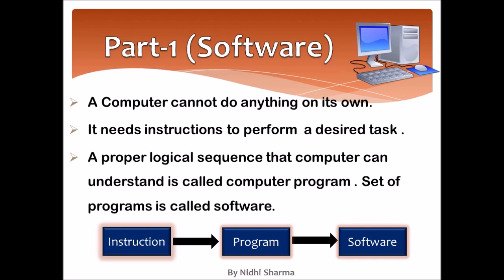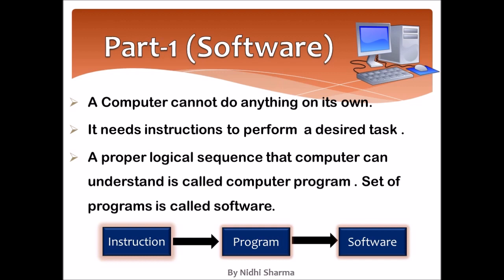Here I want to take an example of a calculator. You can see a calculator performs various types of tasks like plus, minus, multiply and divide. The instructions that we write for doing addition are: first we take one number, then a second number, then we perform the operation on them, and then we calculate the addition.